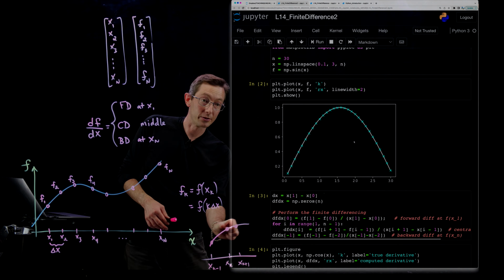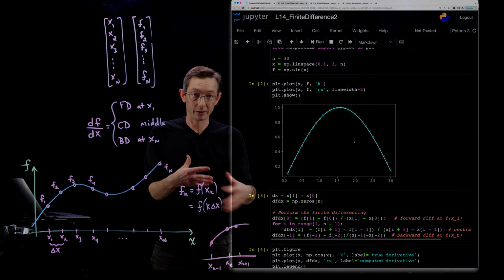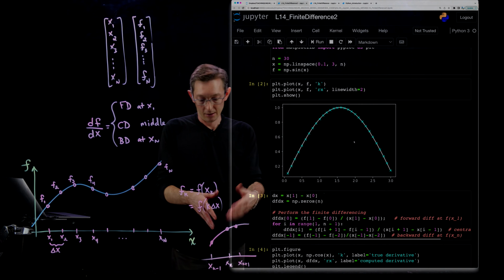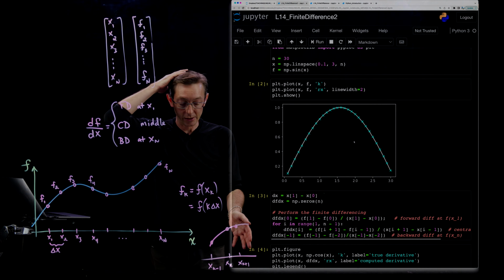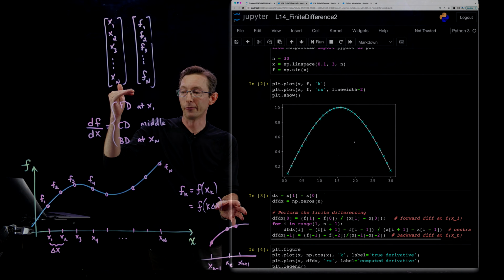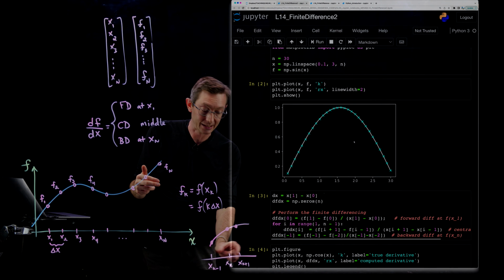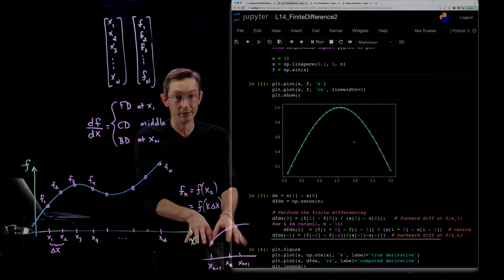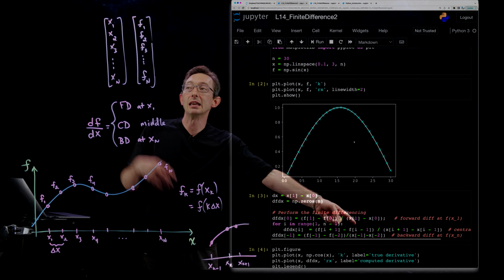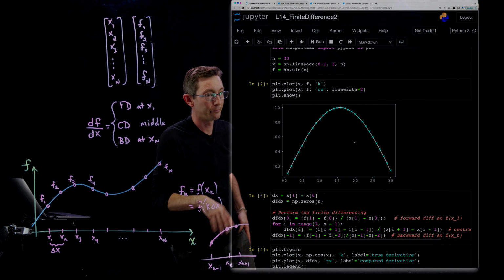But I'm assuming that these are not a constant delta x apart. You can still go through all of that Taylor series expansion algebra and convince yourself that forward difference, central difference, and backward difference still scale with these delta x's for these differences. You can still approximate the derivatives using these schemes, even if my delta x's are not a constant. That would be a really cool exercise for you to do.